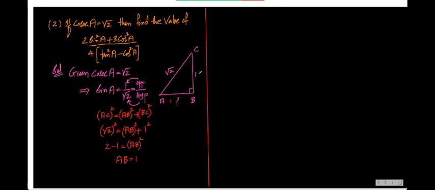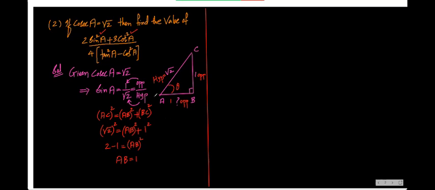If you talk about this angle theta, this becomes the hypotenuse and this is the opposite side. So the opposite side is not unknown here, it is 1. Once we have all the sides of the triangle, any trigonometric value required we can find out. Sine is already over. Find out cot.